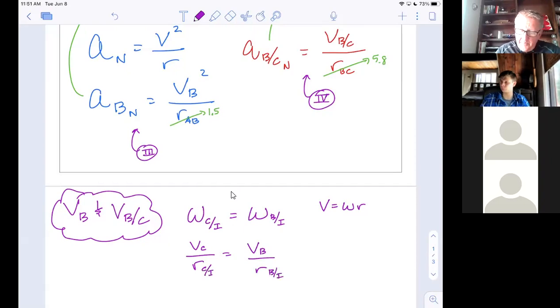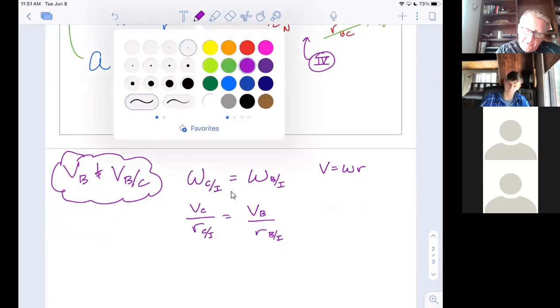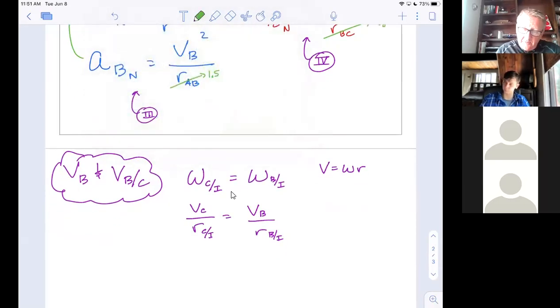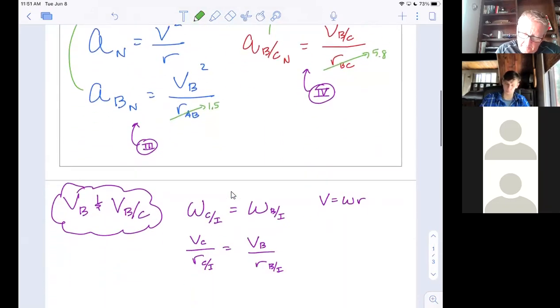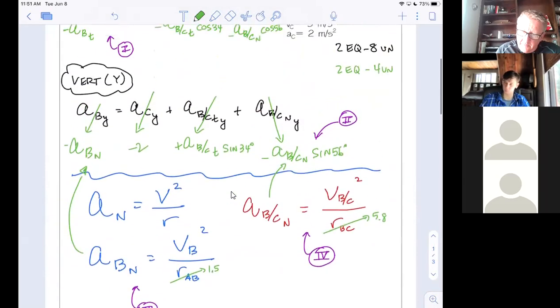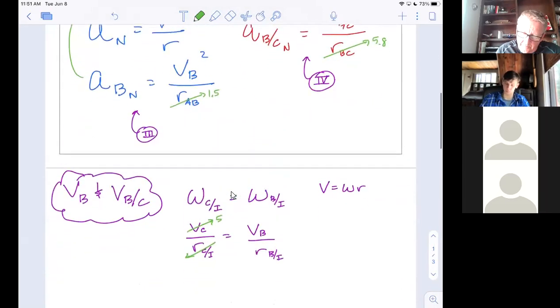Well, that's what's so cool about this. It sets up this proportion, and I actually know 3 of those 4 things. I know the velocity of C, which was given, was 5. And we just figured out that the radius of C was 3.24.